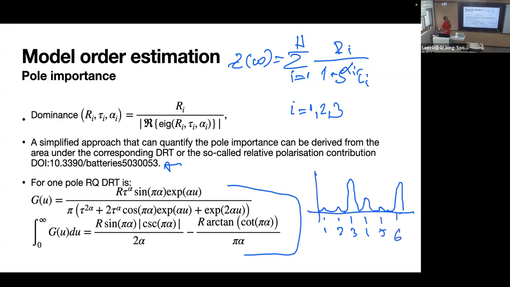And when I say give me the 3 most dominant poles, this equation will pick up not the 3 highest ones, but the 3 poles that have maximal area under them. That is the idea of this pole dominance.